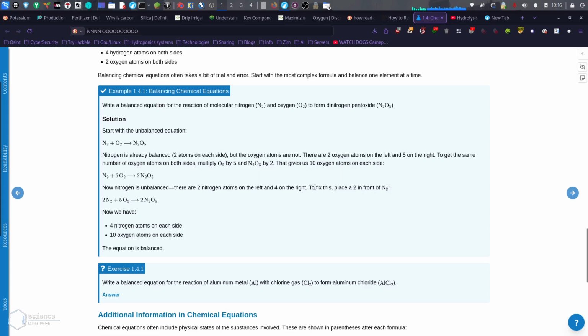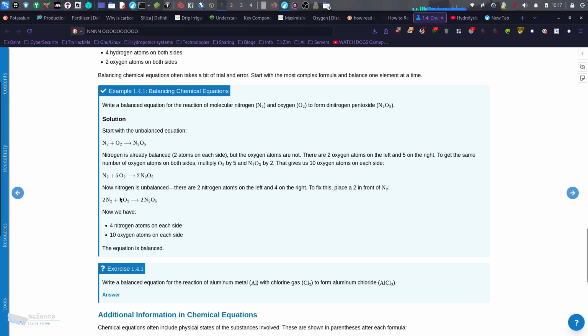To fix this, place a 2 in front of nitrogen. On the left side we add 2 by 2, 4. On the left side we have 4 nitrogens, and on the right side we have 2 nitrogens.